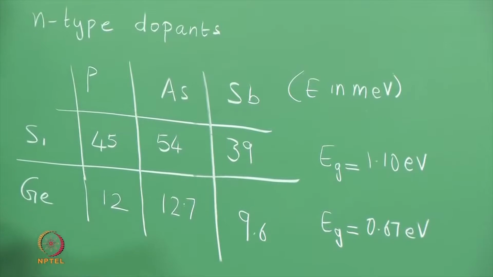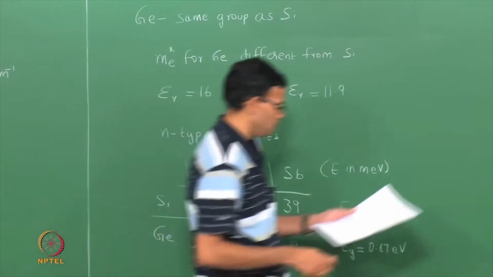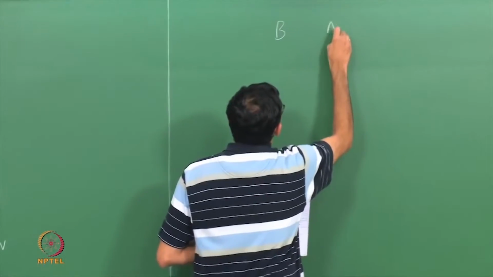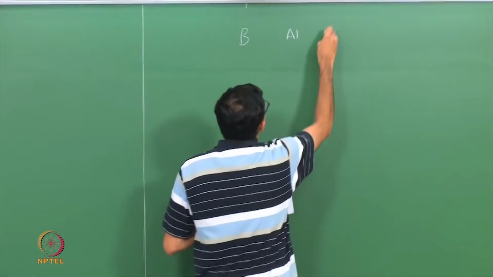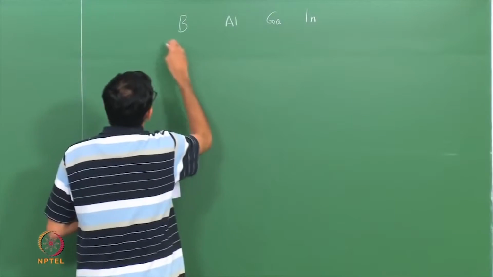Can do the same thing with p type impurities or p type dopants. Boron, aluminum, gallium and indium.